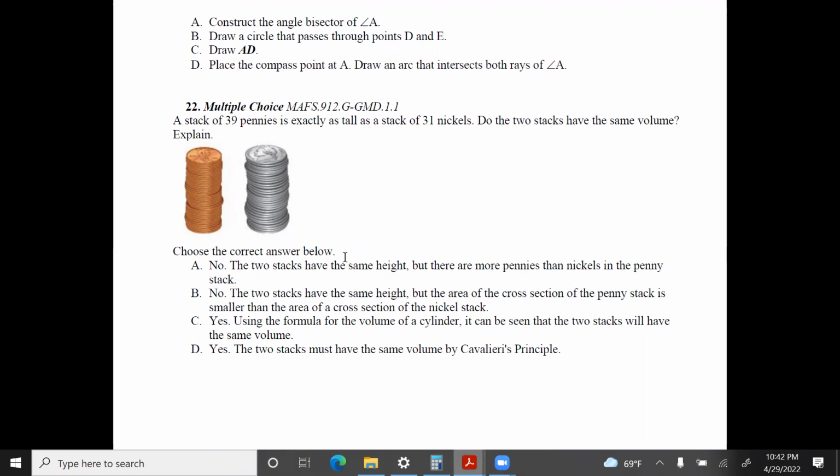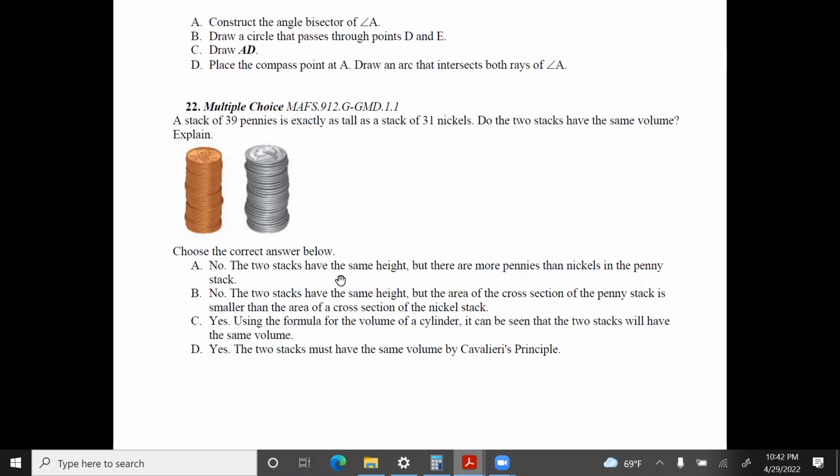Well, although there's more pennies than there are nickels, is the volume the same? The answer is no. Because yes, they might be the same height, but their cross-sectional base area is not the same. If you looked at a nickel and a penny, a nickel is bigger. So it has more base area in the stack.